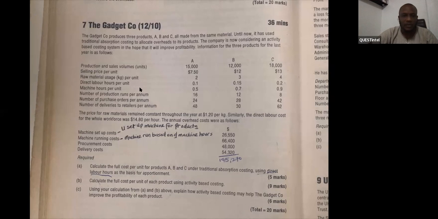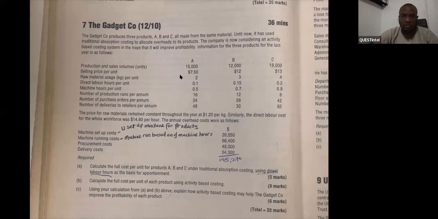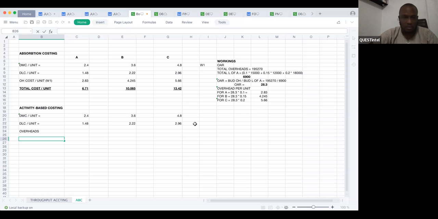And what's the figure itself? To be going back and forth here would be stressful. So 26,550. Okay, so let's see how we do this now. So what's the first one we said? Machine setup cost. Okay, so let's do our second working here.